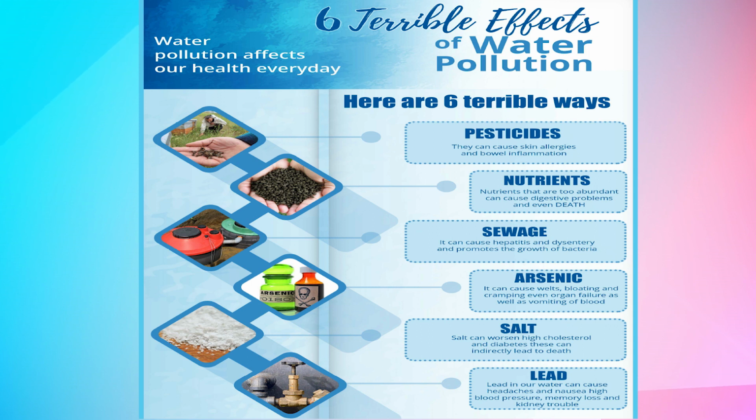These are the main sources affecting water pollution. More pesticides, more diseases. More nutrients, more diseases in the water bodies. More sewage wastewater generation, more diseases. Arsenic, salt and lead are also contaminating chemicals in polluted water bodies.